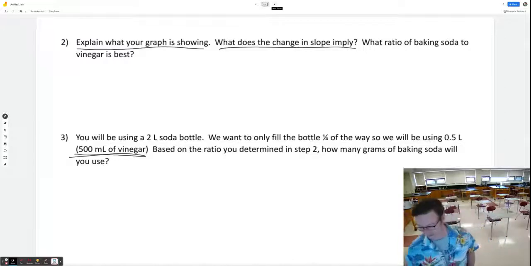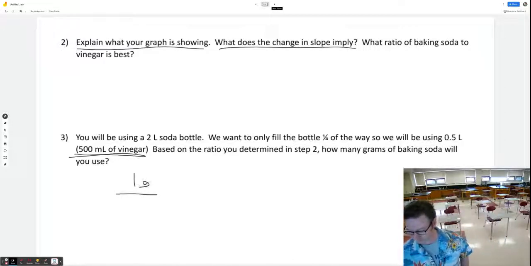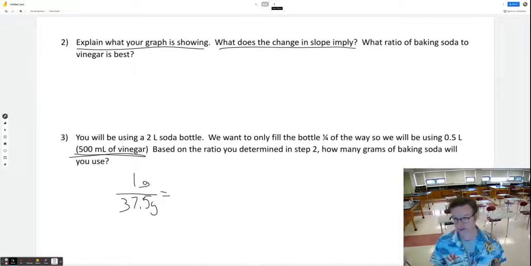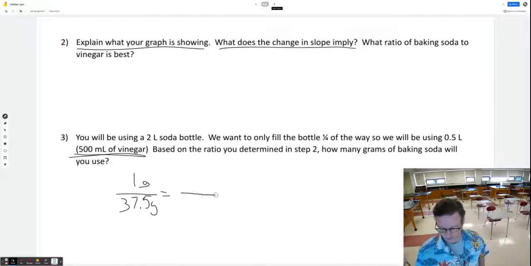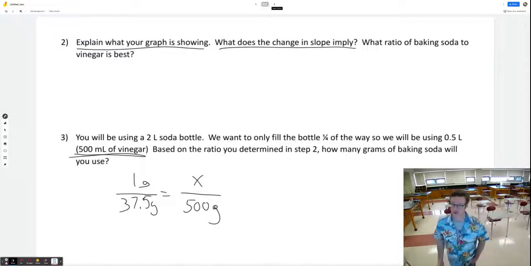Okay, so if we have the ideal ratio of 1 to 37.5, or 2 to 75, same thing mathematically, then we want to know if we have 500 grams of vinegar, how many grams of baking soda should we use? What would be the perfect amount of baking soda for 500 grams of vinegar?